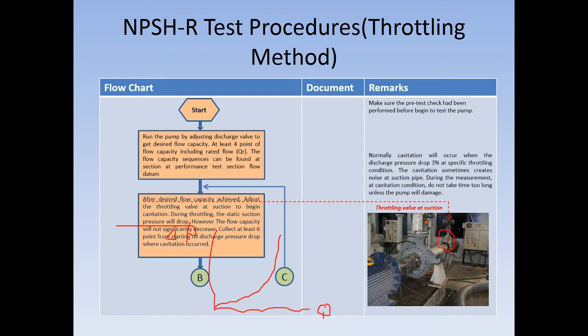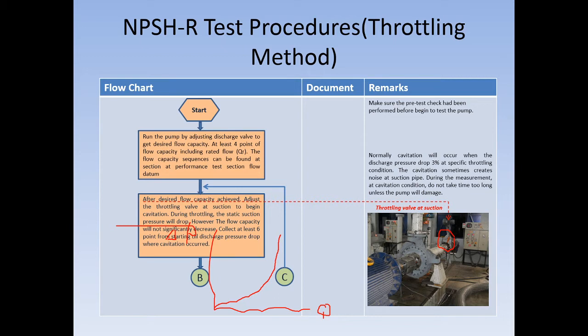But when you close the valve slowly, you will end up at the point where cavitation starts at that flow capacity. Okay, so this is how the throttling method takes place.